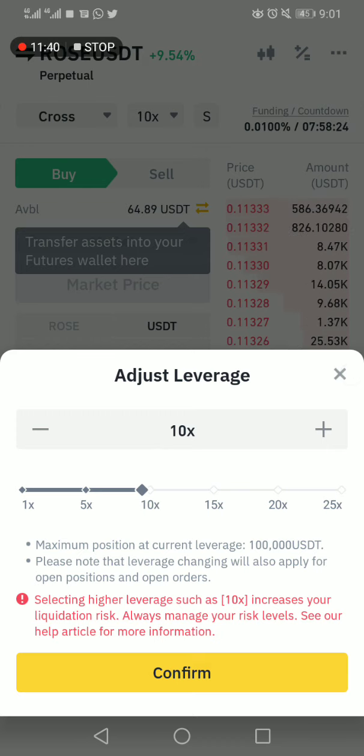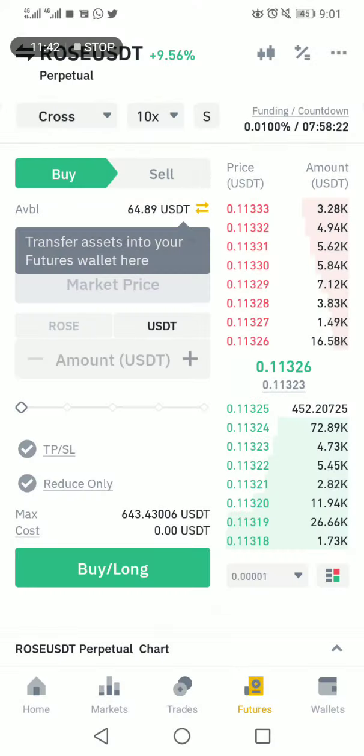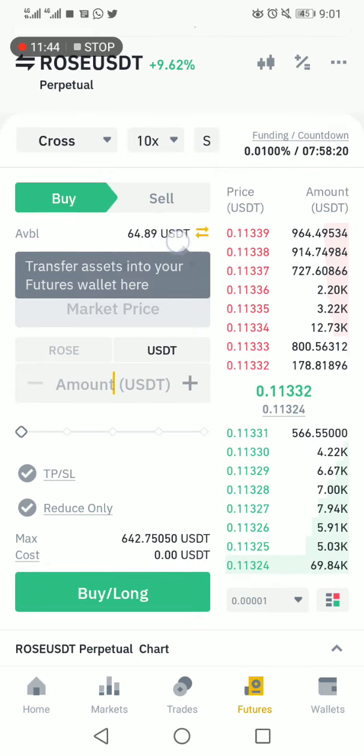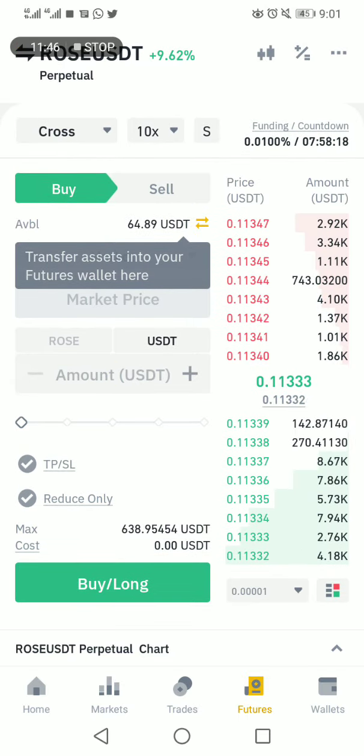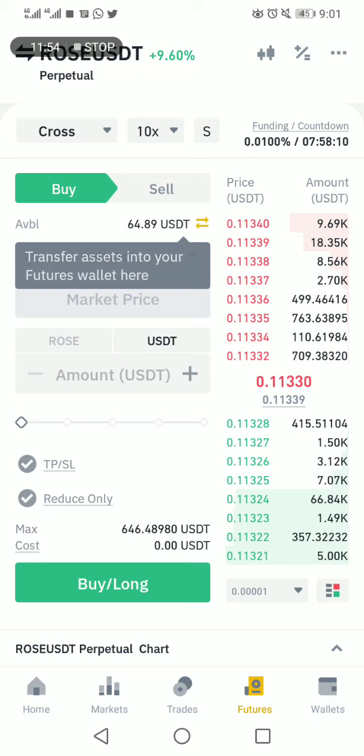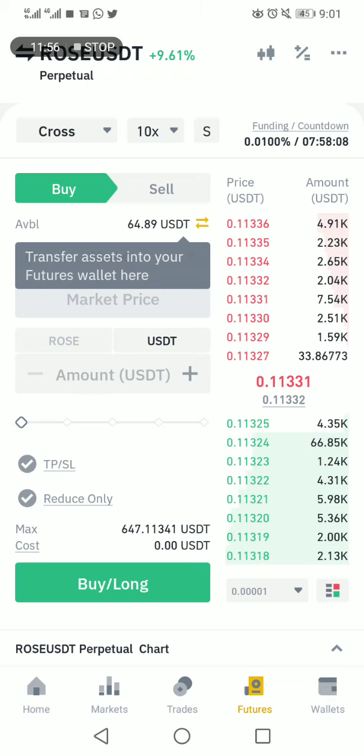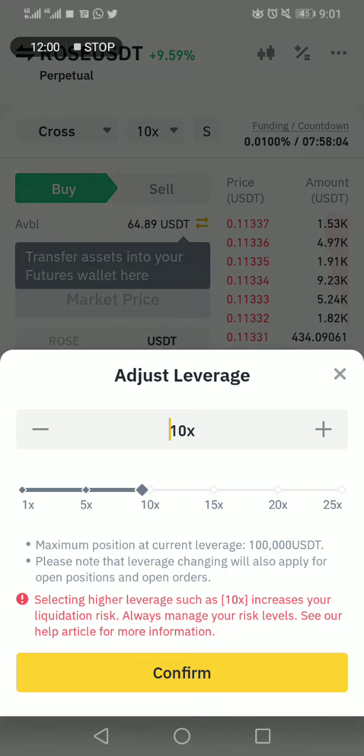What leverage here means is that you can see my wallet is $64.89. That is my current balance. Let's say I want to go into the market now, but I want to go with a higher amount. I can decide to use this 10x leverage, or 5x, or 20x, or 25x.